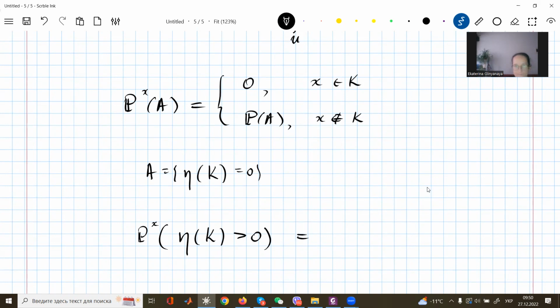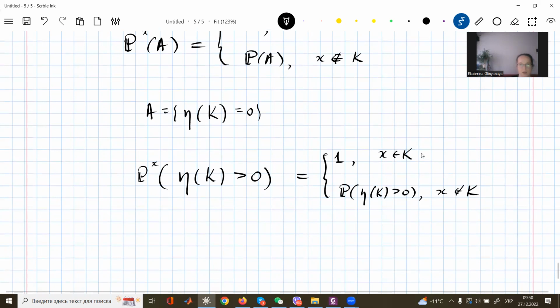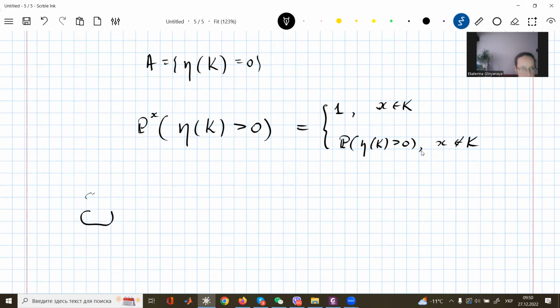And this will be 1 if x belongs to K, and just the probability that eta of K is bigger than 0 if x does not belong to K. So here we can see that for such probability, we have 1 if we know that a point x belongs to subset K. So if I have any subset K, I will have here 1 if a point is here, and for outside of subset K, I have just the usual unconditional probability for this process.